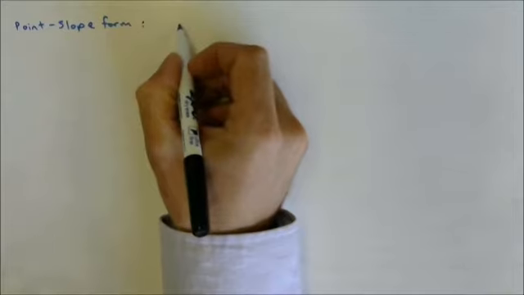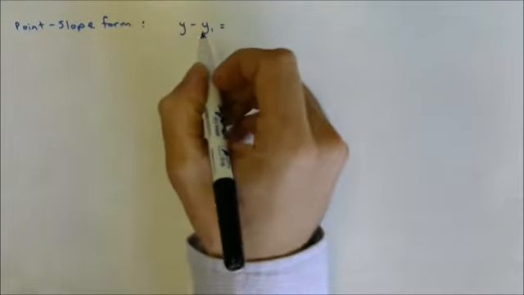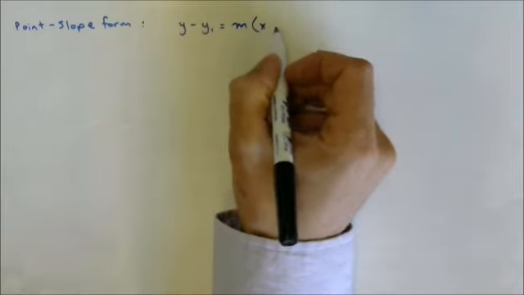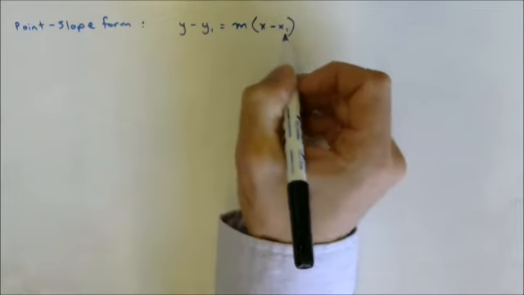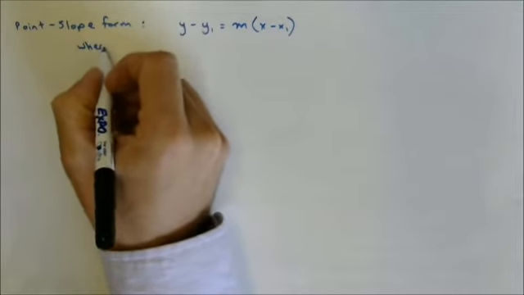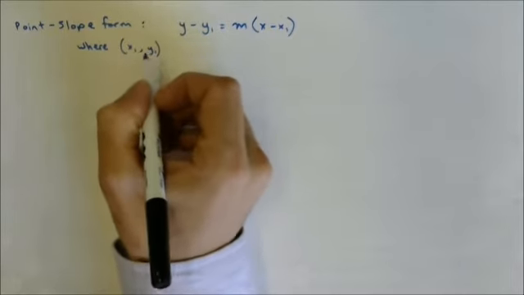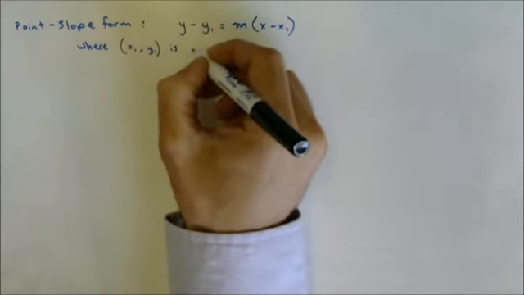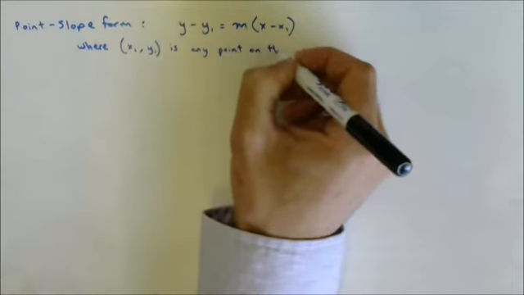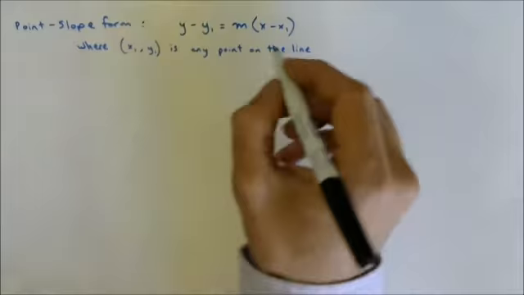The form for this equation of a line, and this will make sense as we use it, right now we're just kind of collecting tools for our toolbox. y minus y1 equals m times x minus x1, where (x1, y1) is any point on the line, because then those coordinates will satisfy the equation.